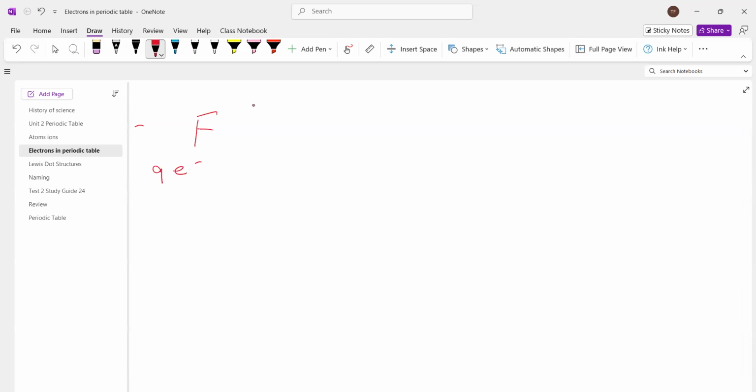Okay, so we have 1s, 2s, 2p. So of the 9, let's put 2 in the 1s shell, 2 in the 2s subshell. That's 4 of the 9. Now we're going to split the next 5 in the p's. So 5 plus 2 plus 2 is 9.